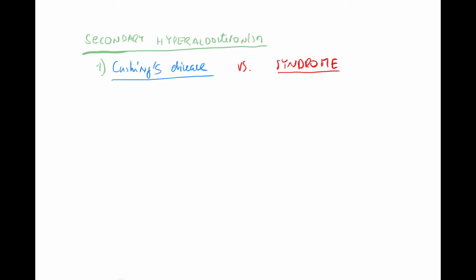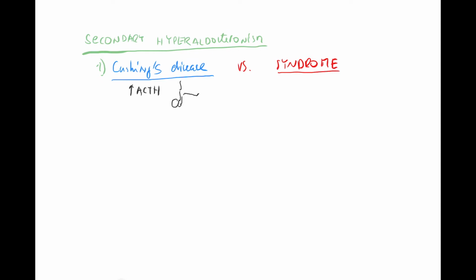So watch out. Cushing's disease, and this is the same over here as in the US, is only one thing. Cushing's disease is increased ACTH levels produced by an adenoma of the pituitary gland.